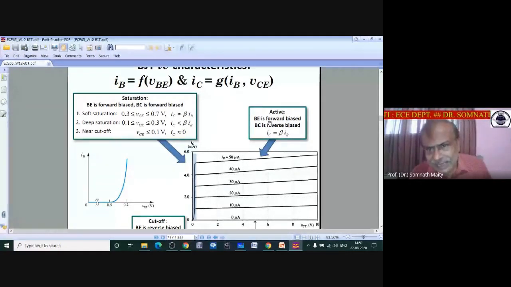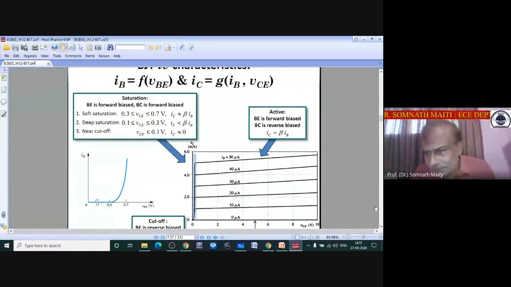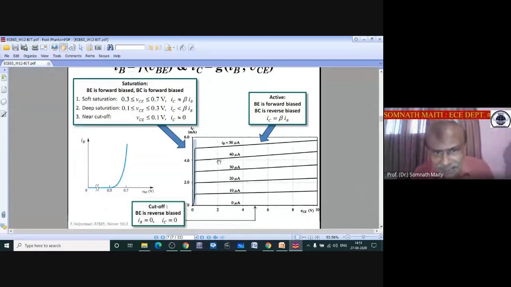Here, in active region, base to emitter junction is forward bias, collector junction is reverse bias, and under this condition, IC equals beta IB is valid. And look into this. This shaded region is the saturation region, and the region below 0 microampere is cutoff region, and the rest of the region is active region.